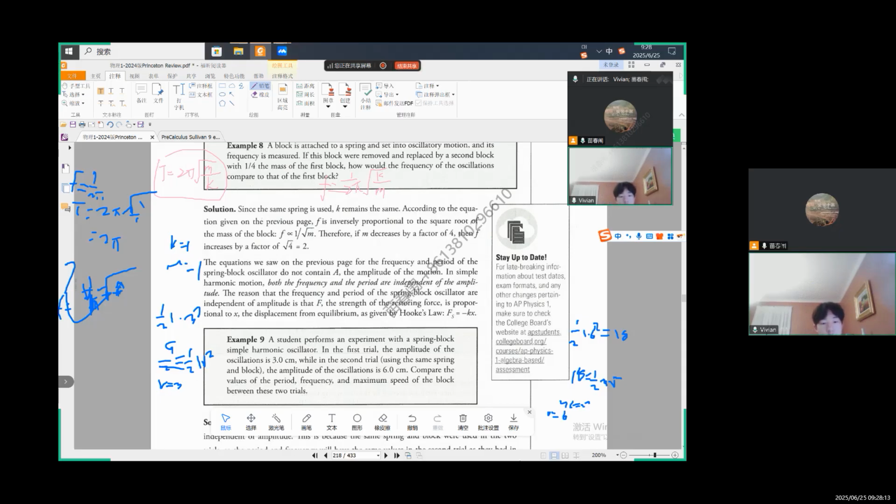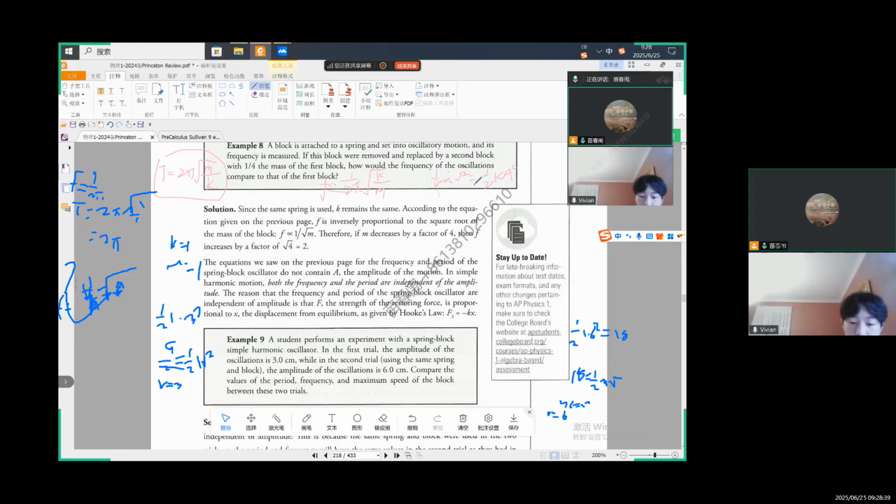Same thing in this case, velocity is just proportional to amplitude, right? When the amplitude doubles, the velocity doubles, right? You can also deduce it like this: 1/2 mv squared equals 1/2 k a squared, right?